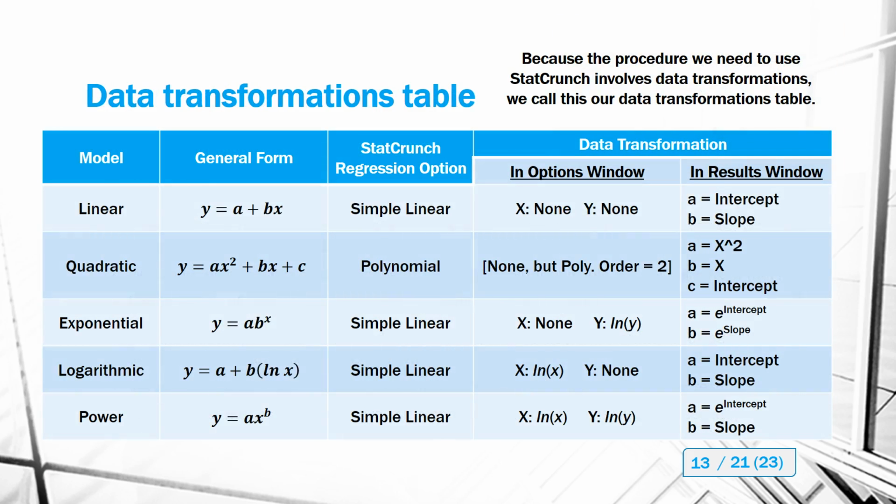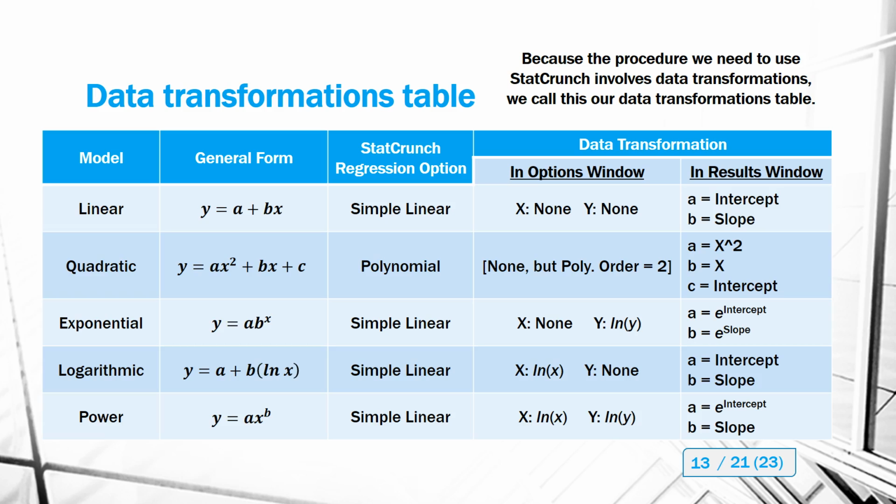So here's what I'm calling the data transformations table. This is what's going to guide us through the nonlinear regression for each of the problems in our homework, quiz, and the test. Again, this table, you don't need to copy it down. I'm putting it together on the same sheet with the example application table that I mentioned earlier.